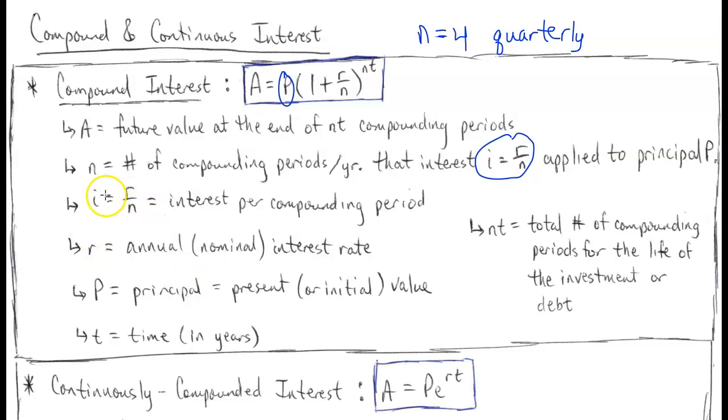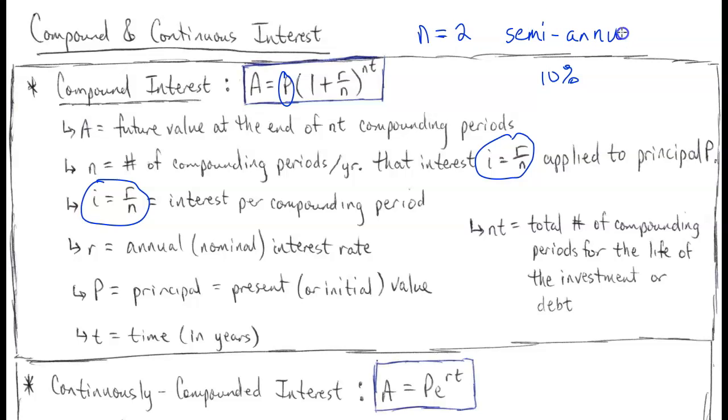This little I that you see here is the actual interest rate per compounding period. To give you an idea, let's say you have an investment that's supposed to pay 10% per year, but the interest is compounding twice a year, which means it's compounding semi-annually.